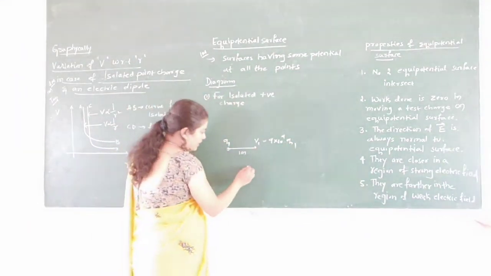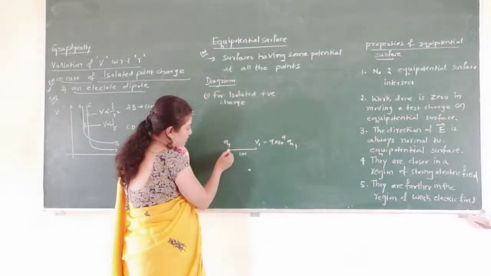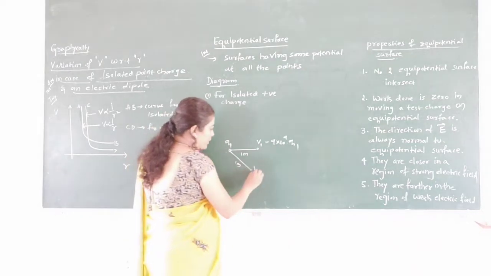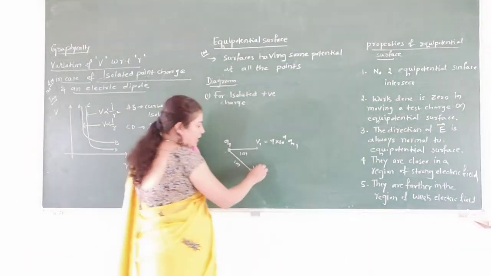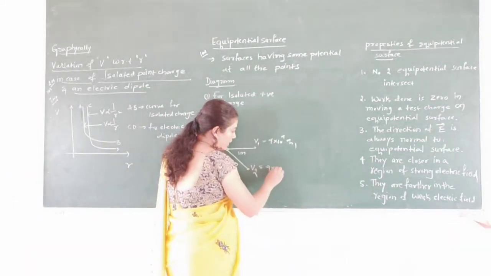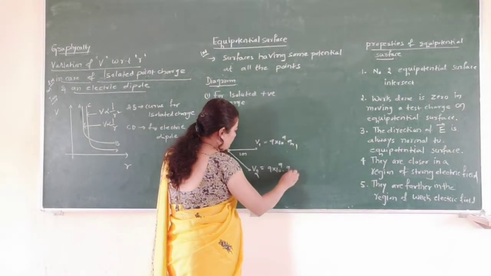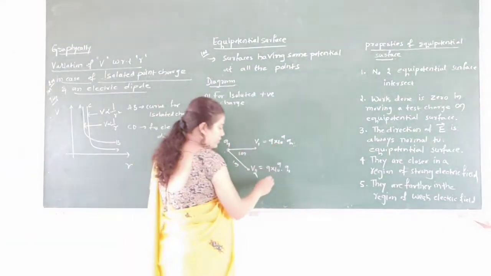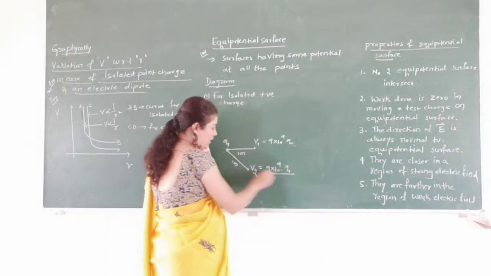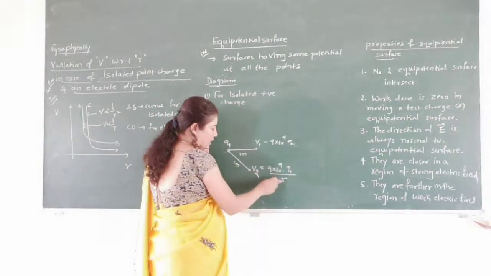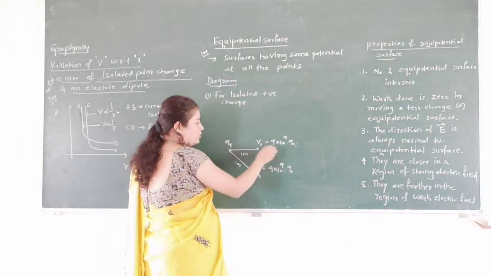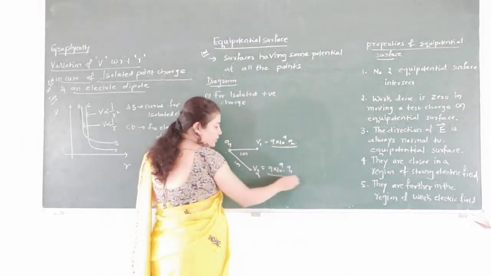Next I take one more point here, which is also 1 meter from the source charge. Here I take the potential as V2, and again V2 is equal to 9 into 10 to the power 9, Q divided by R, where R equals 1 meter. Again, here also the potential is the same.